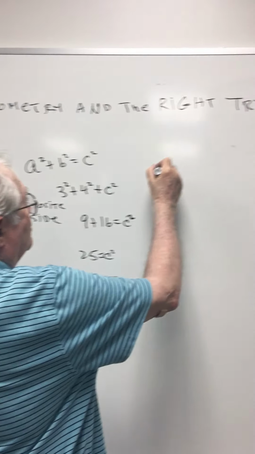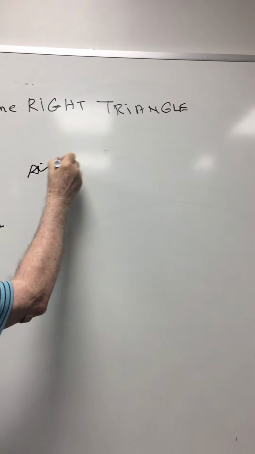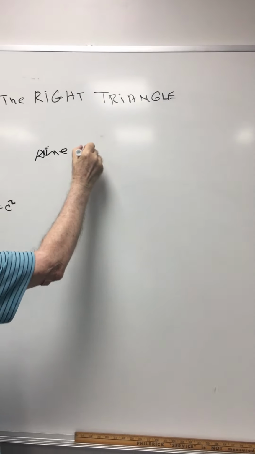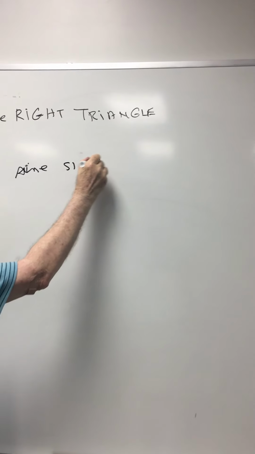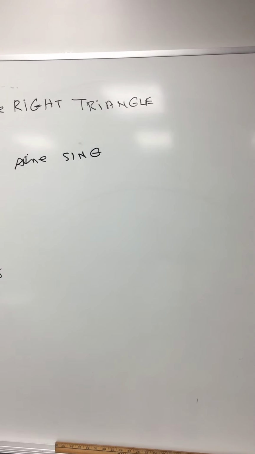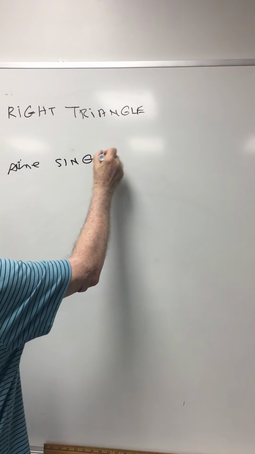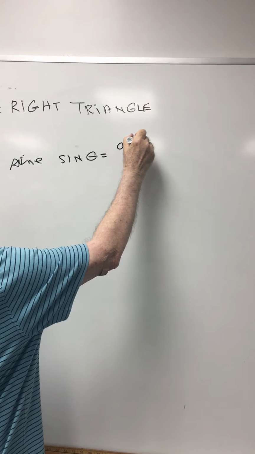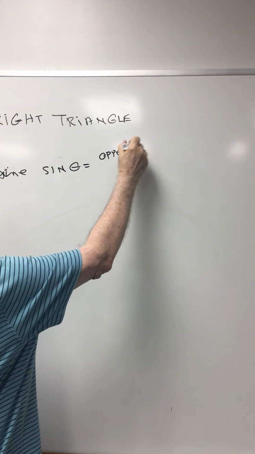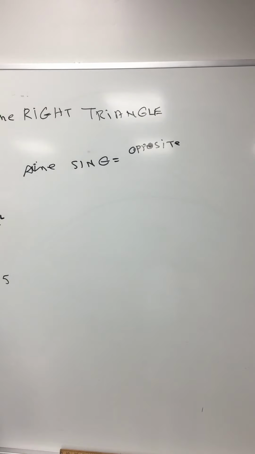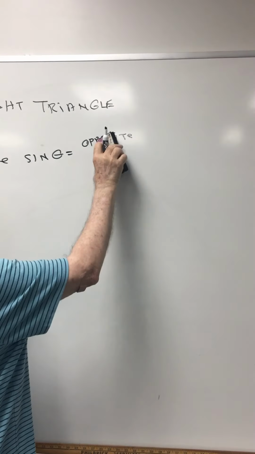So the sine of the angle, S-I-N-E, is abbreviated to SIN. The sine of theta, the sine of that angle, is equal to the opposite over the hypotenuse.